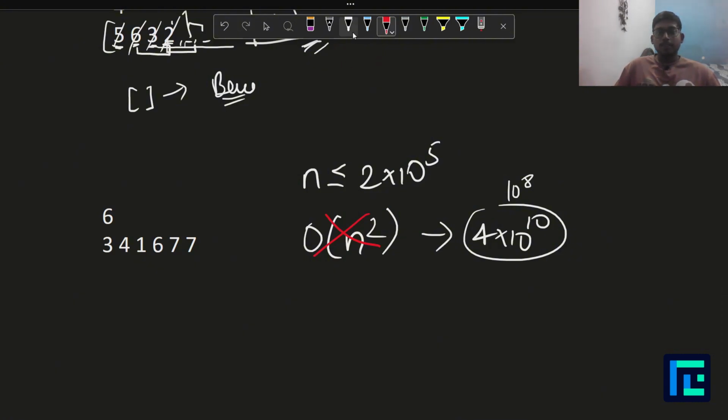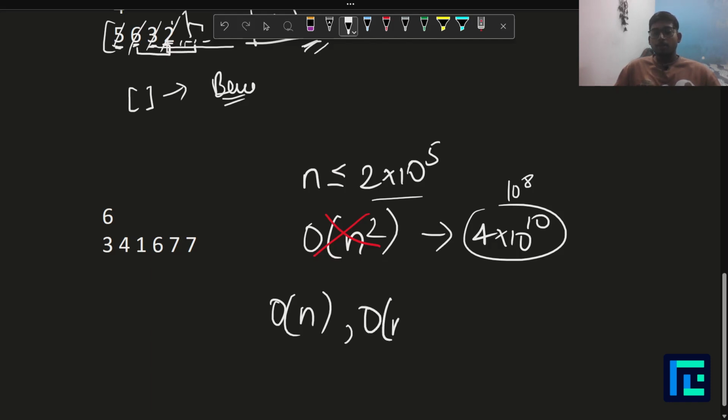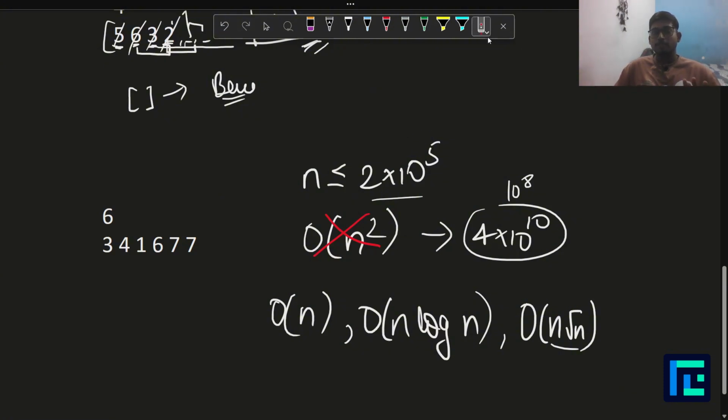The expected time complexity is either O of n, where 2 into 10 to the power 5 would be very fine, or something of n log n type complexity, or maybe also n root n would be accepted, and root n is approximately 10 to the power 7 to 10 to the power 8 only, so that would also be accepted.